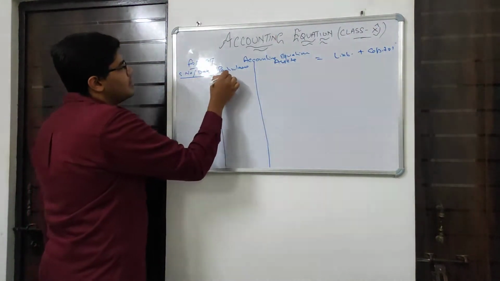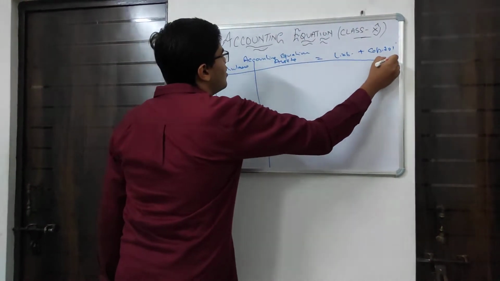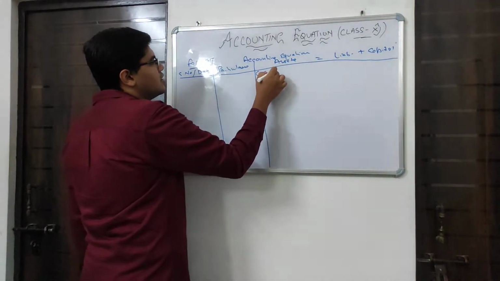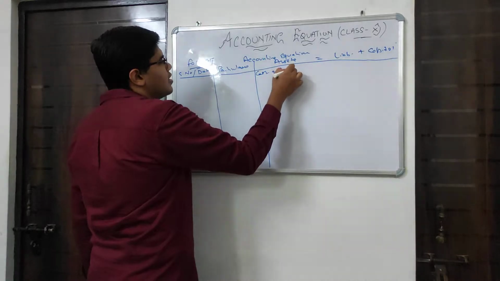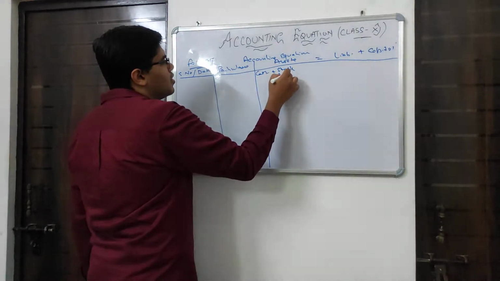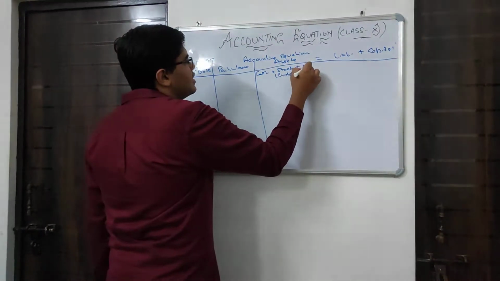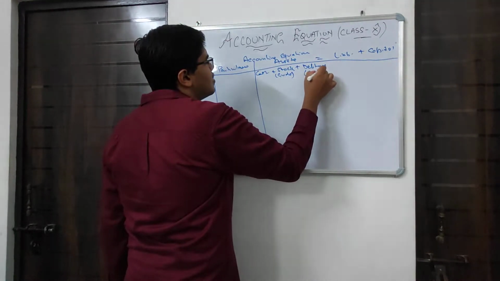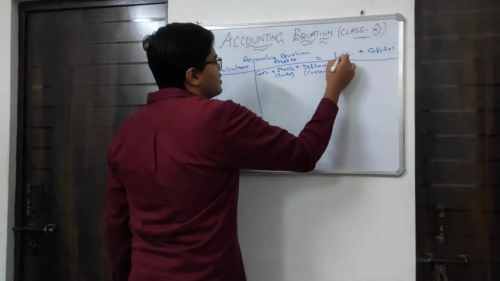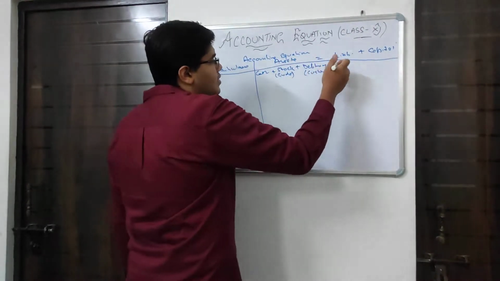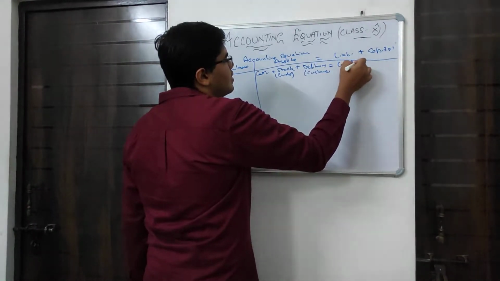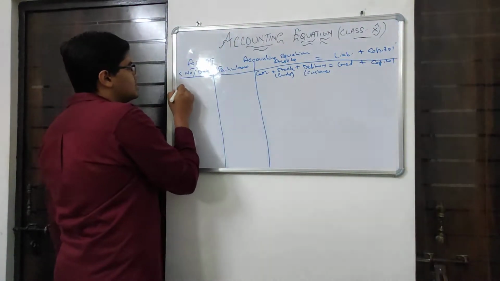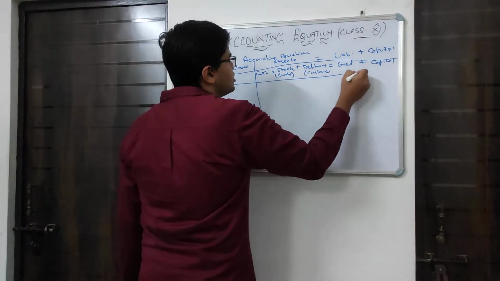After this you have to make one more column. Assets could be cash, stock, you can write goods in brackets, plus debtor, that is customer, and then liability. In liability you can write creditor, and there is no change here. So this is the format of the accounting equation.